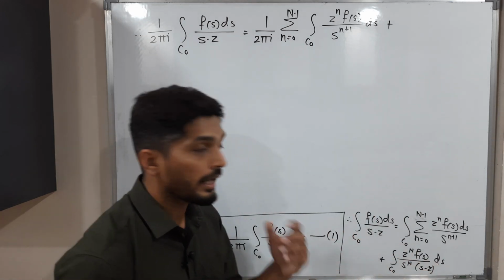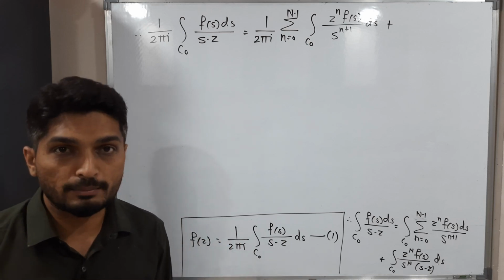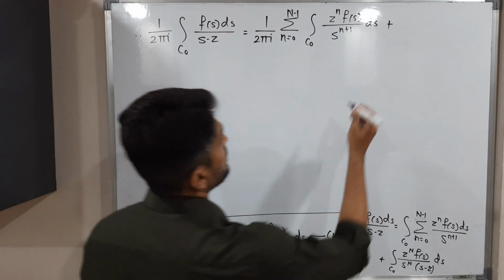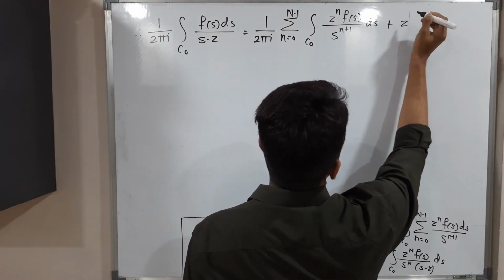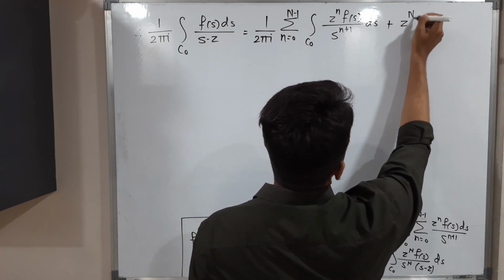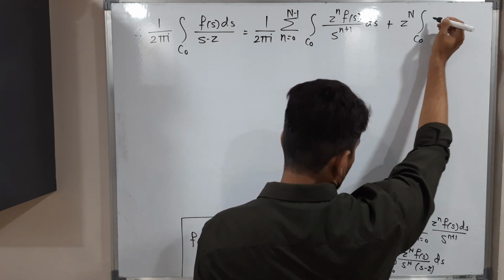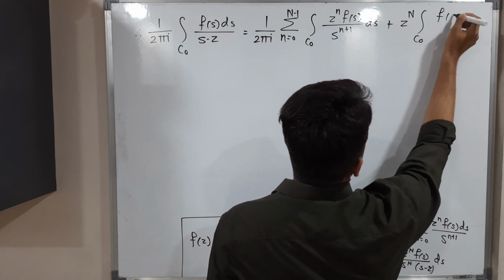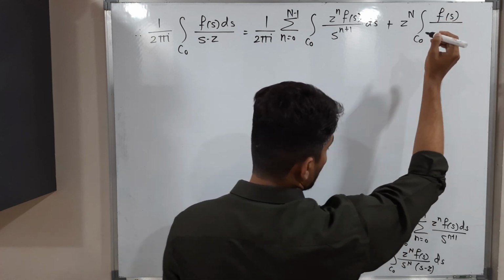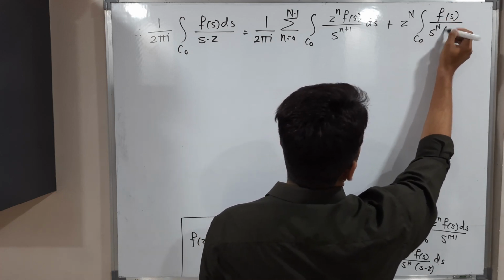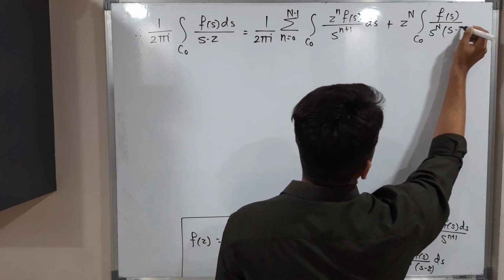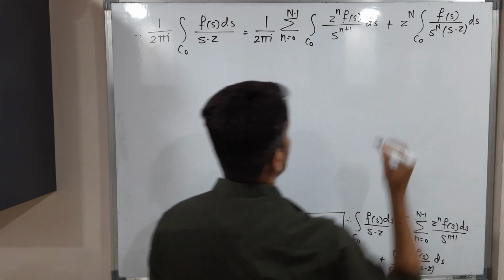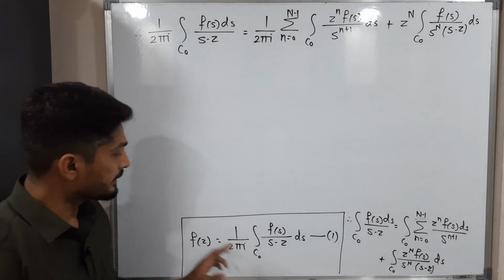So z raised to N is independent of the integration variable, so let me take it outside. It is constant, since it is a function of z. So z raised to N integration over C naught of f of s upon s raised to N times s minus z ds.